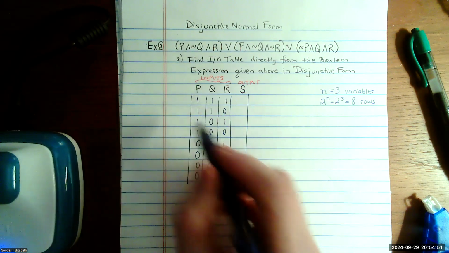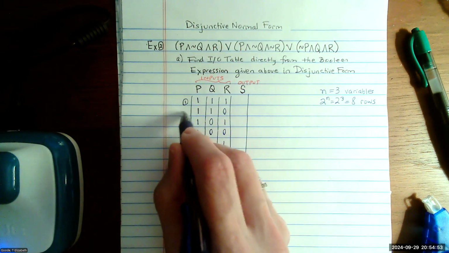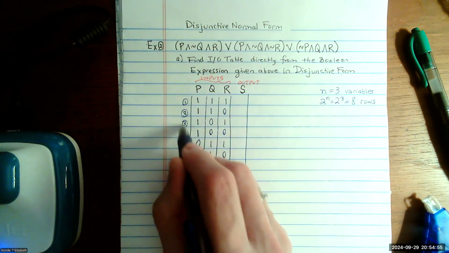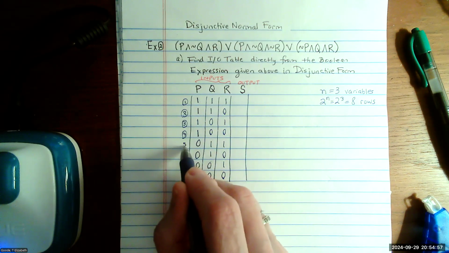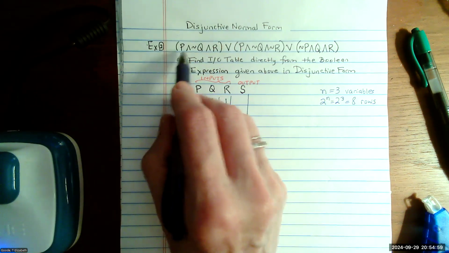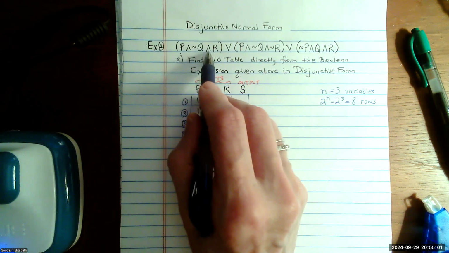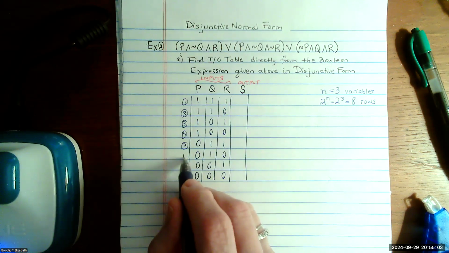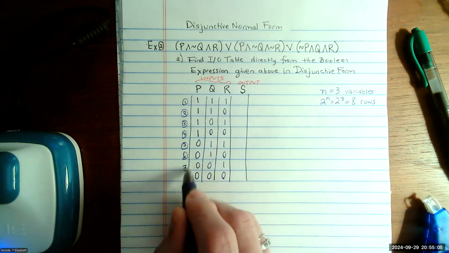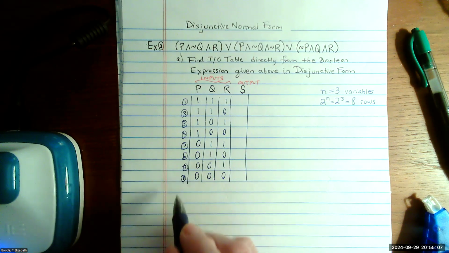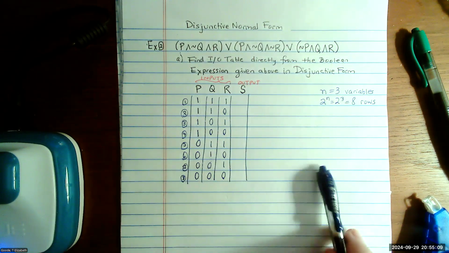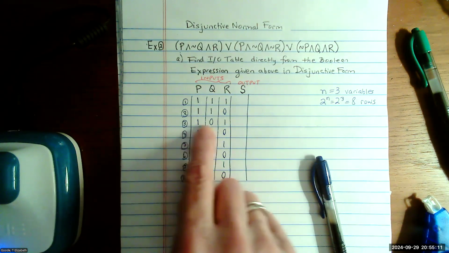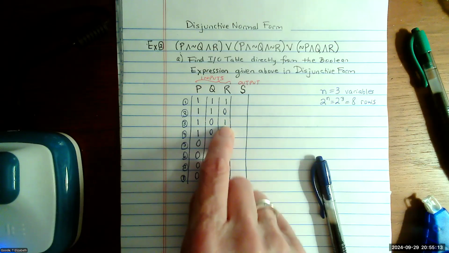So which row of this 8-row truth table represents the input state where P is hot and Q is cold and R is hot? Row 3. In row 3, P is hot and Q is cold and R is hot.